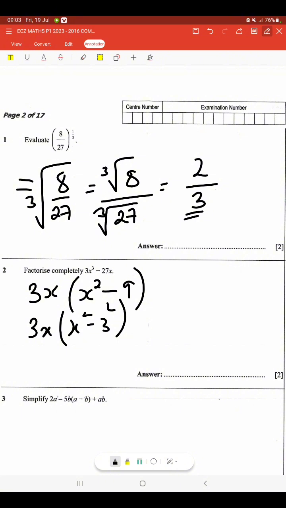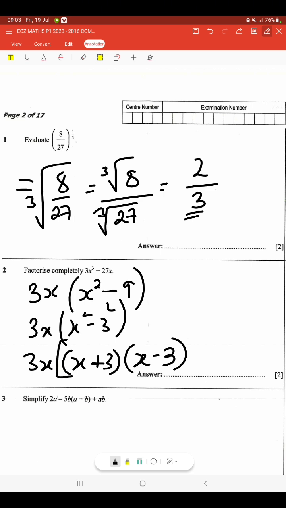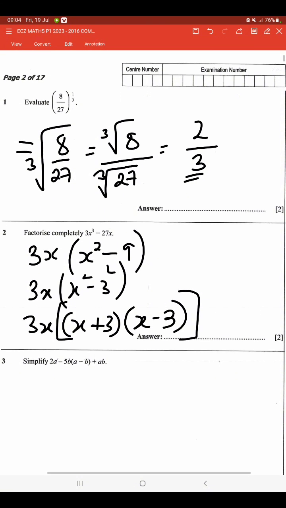So therefore, the answer is going to be 3x, then open brackets, x plus 3, then x minus 3. And that is our final answer. If you want, you can also include the square brackets like this, but it's all the same. So this is how we answer that question.